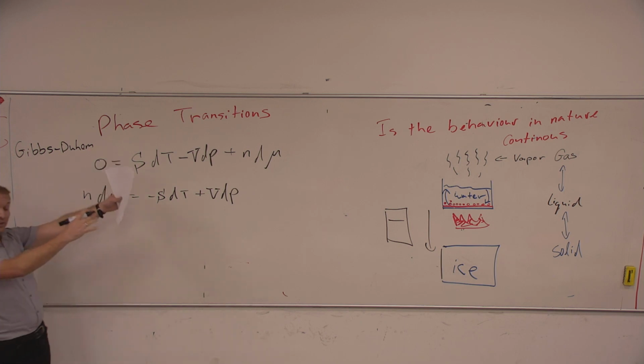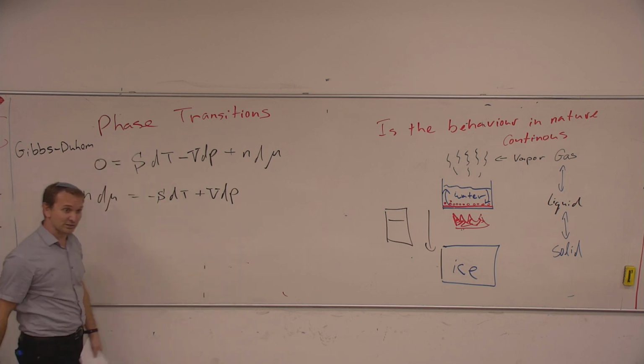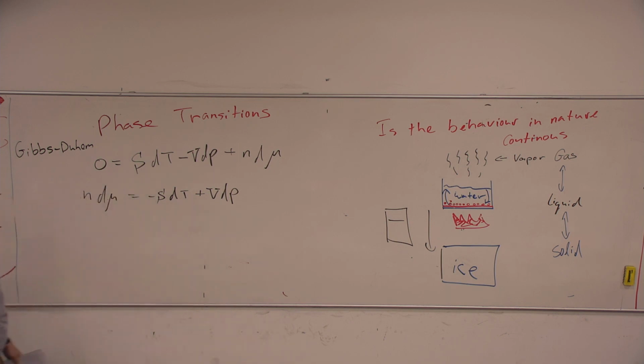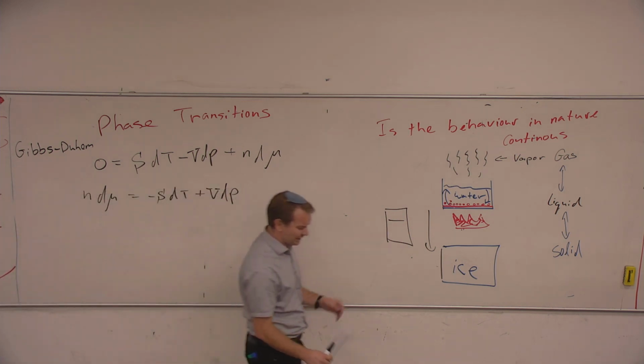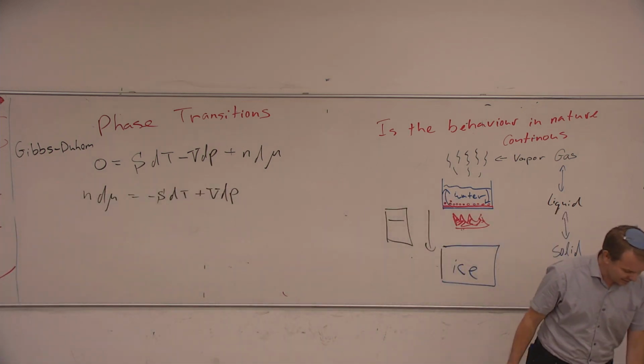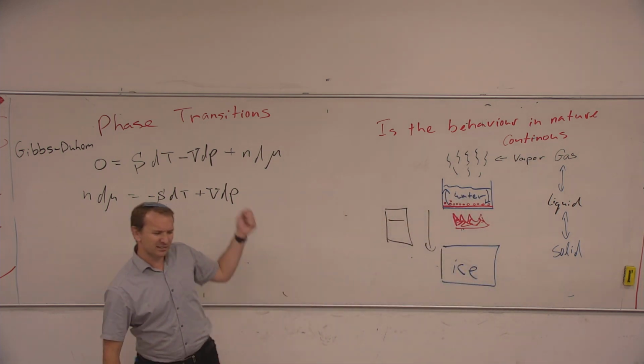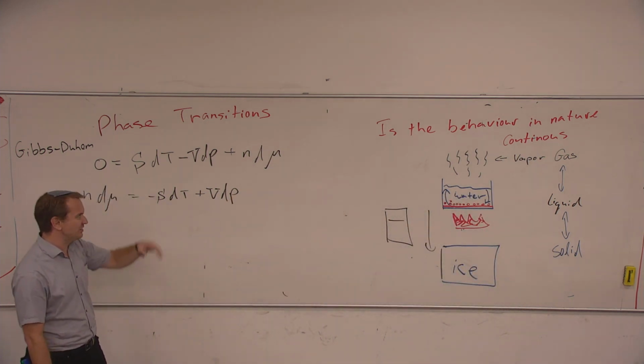Well, go to the first lecture, where I played on the board a little bit and we obtained this equation. If you remember, I used the Euler property of homogeneous functions, and then introduced it into some differential, and this is what we get out.